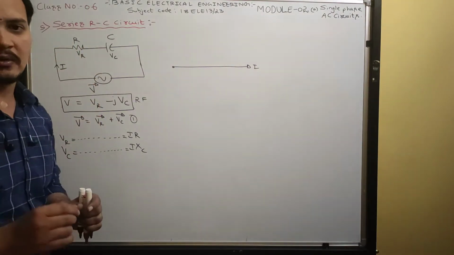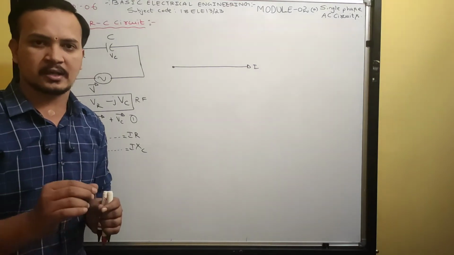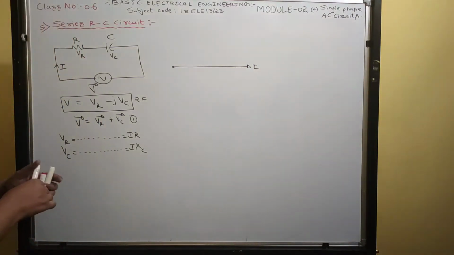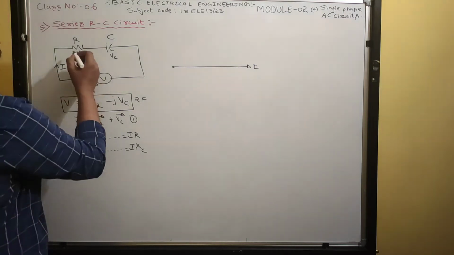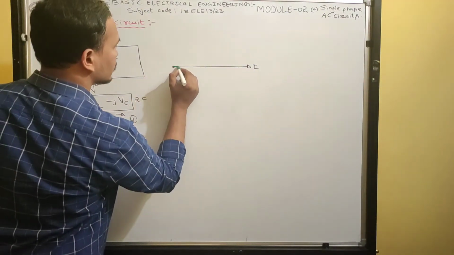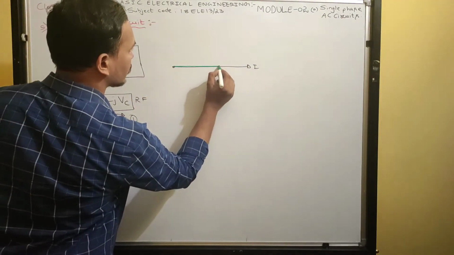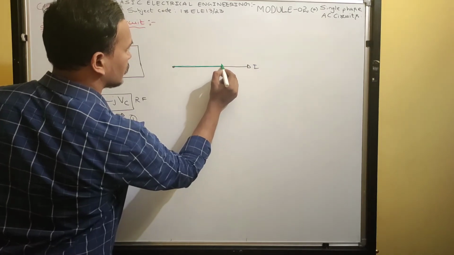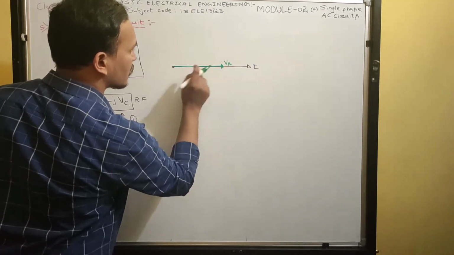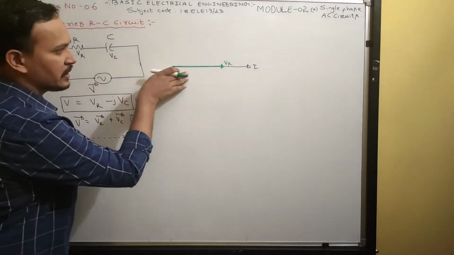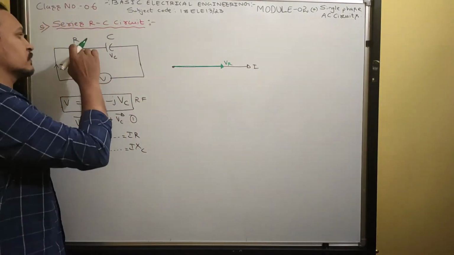In a resistive circuit, we know that the angle between voltage and current is 0 degrees. Therefore, the voltage drop across the resistor is in phase with the current. So VR coincides with the current because of its purely resistive nature.